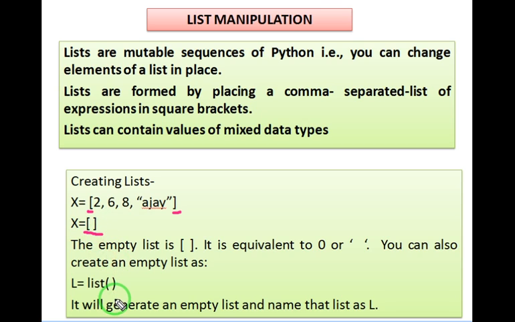You can also create an empty list with the help of the list function. If you want to generate an empty list with the help of the list function, you can use that particular function in this manner. First you have to specify a name for the list, and then equal to list, it should be in small letters, and then parenthesis, small bracket. So this will create an empty list.